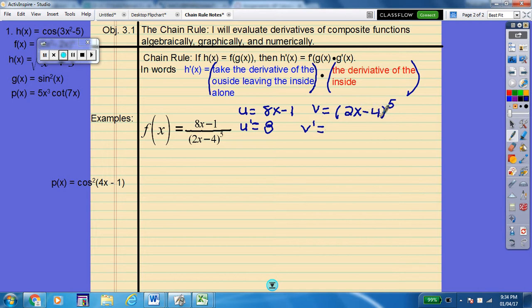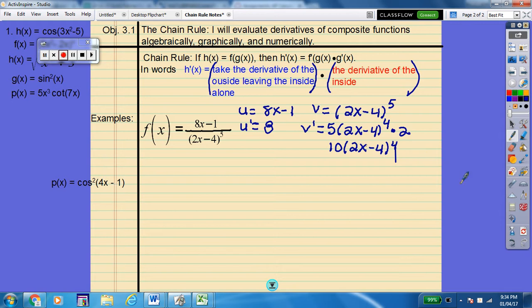I'm going to take the derivative of the outside, which is the 5th power, so that would mean bring the power to the front and then subtract 1, so that's 4, leaving the inside alone. So I copy it the same. But then I multiply by the derivative of that inside, which in this case is 2. And making it prettier, 5 times 2 is 10 times 2x minus 4 to the 4th power.